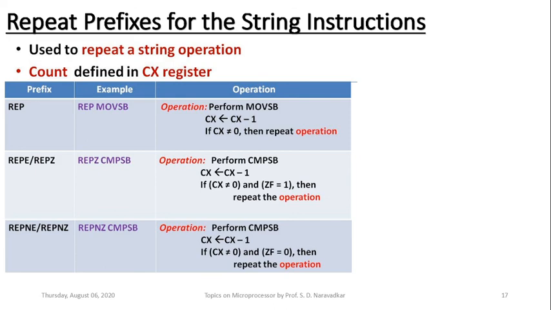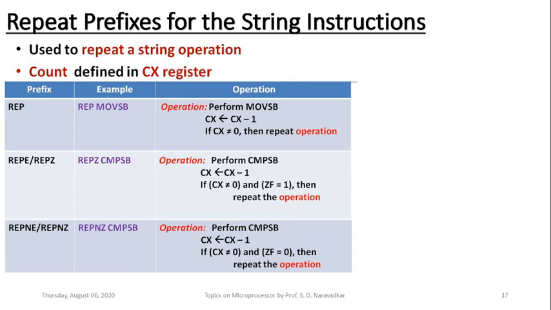Anyway, by using repeat prefixes here, that basic string instruction becomes more powerful and that operation is applied to a series of bytes or a series of words, depending on the byte or word variation of the corresponding string instruction.